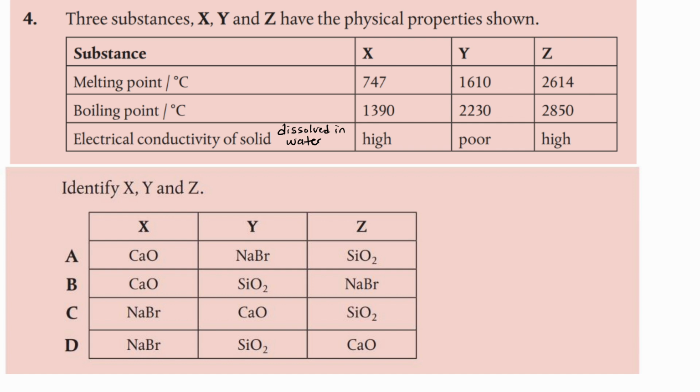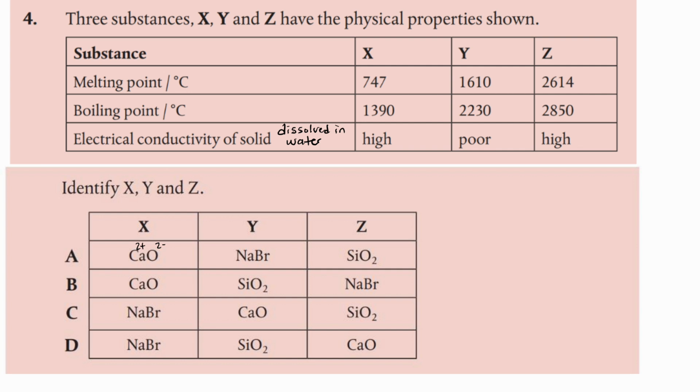All right, so for number 4, we're given 3 different substances, and we're given their melting point, their boiling point, and their electrical conductivity as an aqueous solution. And then we have 3 different options for X, Y, and Z. We have calcium oxide, which is an ionic compound. You should know that calcium forms a 2 plus charge, oxygen forms a 2 minus charge.